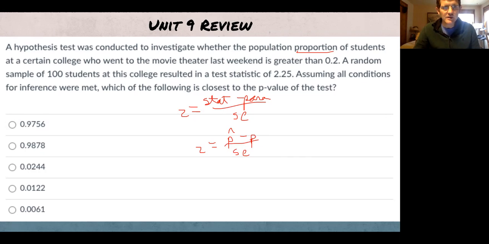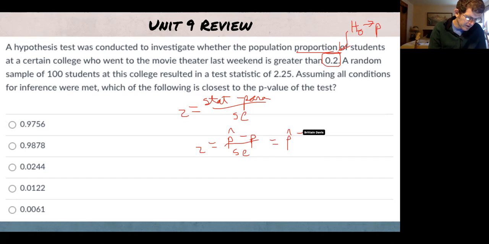But if I look at this problem, it never tells me what my p hat is. It does tell me this 0.2, but if I read this carefully, we're testing against that. So that's my null hypothesis, which means that's my p. So the only thing I can plug in right here is minus 0.2, and then I don't know anything about the standard error.